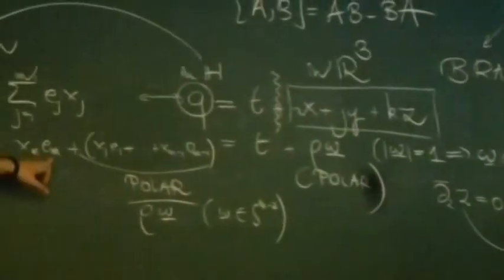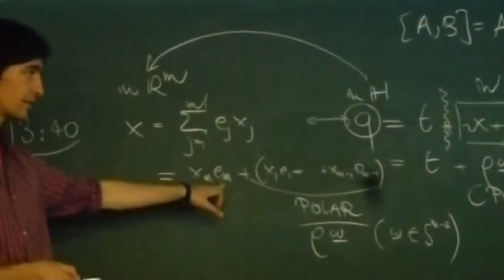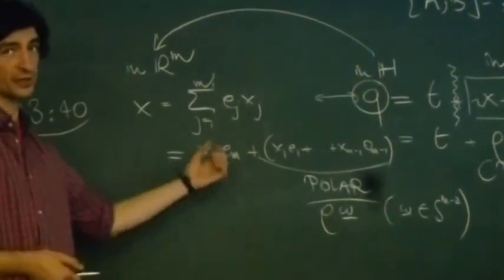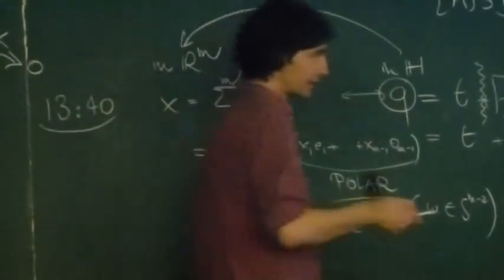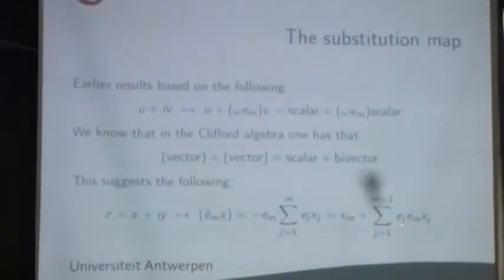You may ask yourself, how do you choose the direction? Well, I already did. When I wrote down this, I already chose a special direction here. So actually, this vector here is the one that I choose here separately. So I literally already made this choice. And so this is the result. It's a scalar, and these are bivectors. So this is precisely what I want.